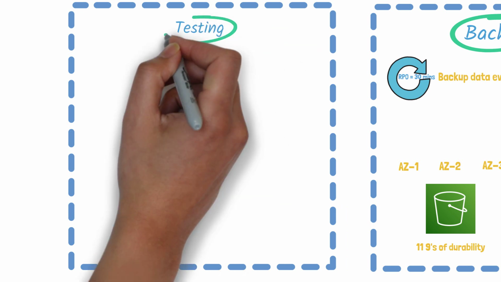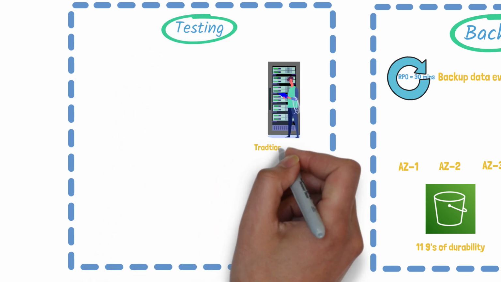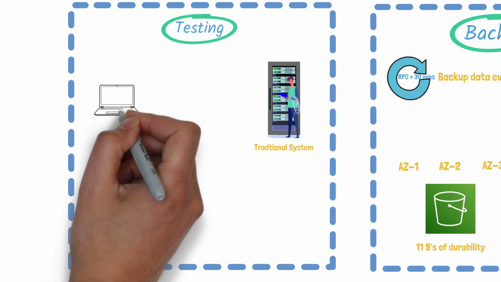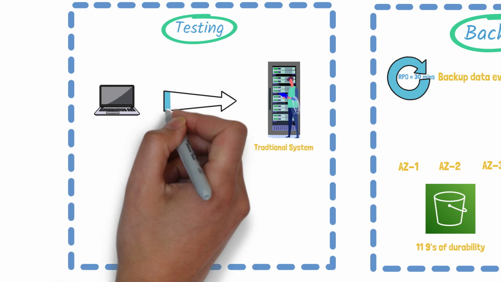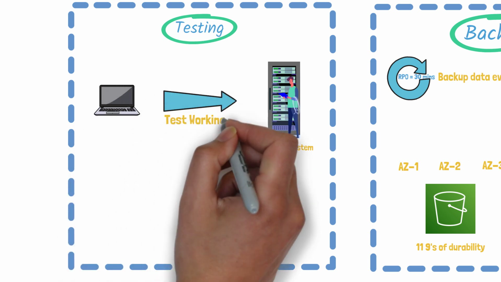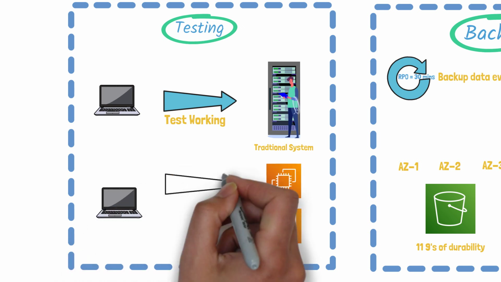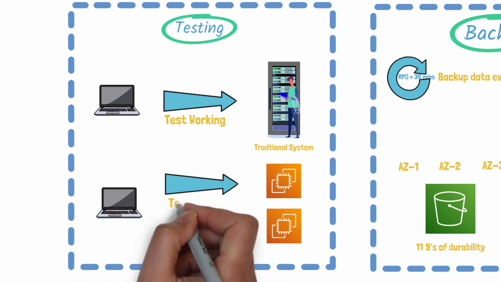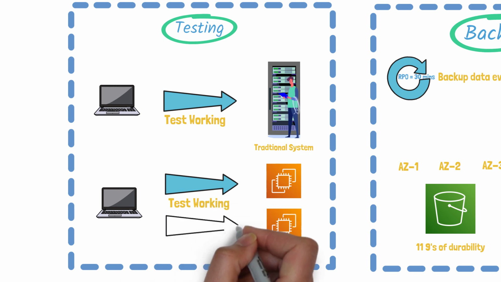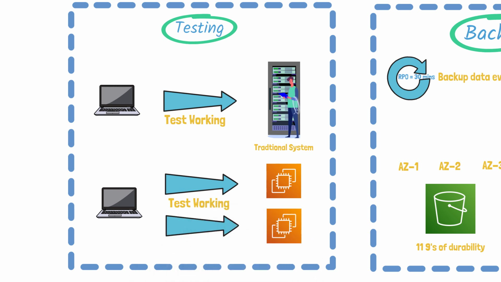Testing. Traditionally, testing a system was limited to the extent of verifying its ability to work under normal conditions. In contrast, you can simulate various failure scenarios using the cloud tools and services and validate the recovery process. For example, you can stop an EC2 instance and verify that the auto scaling event launches a new EC2 instance.